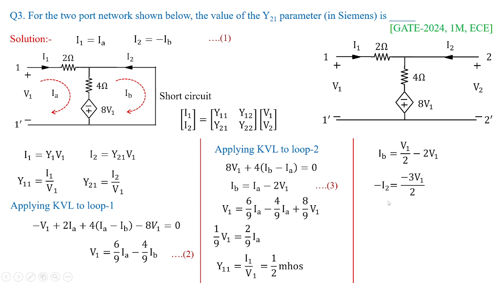With this, I'll get the value of I2 in terms of Y21 as I2 divided by V1 equal to 3 by 2 mhos, or Y21 equal to 1.5 mhos. So this is how you need to solve for electrical circuits and networks for interdisciplinary courses or electronics related courses.